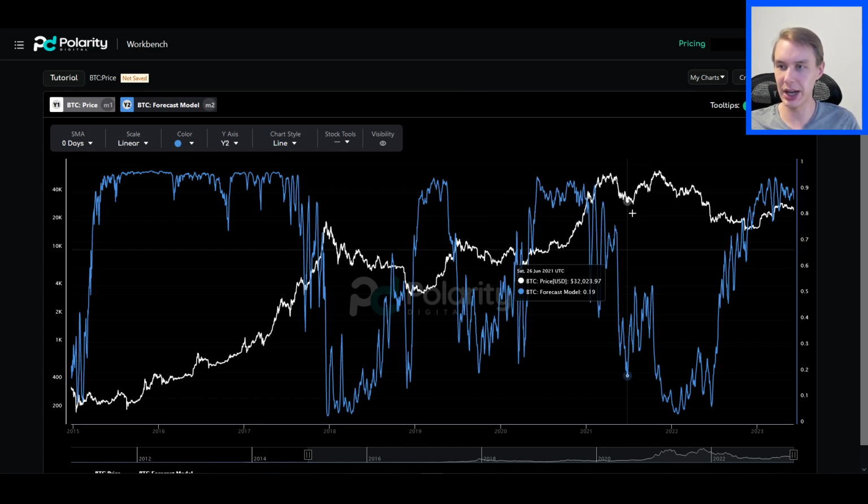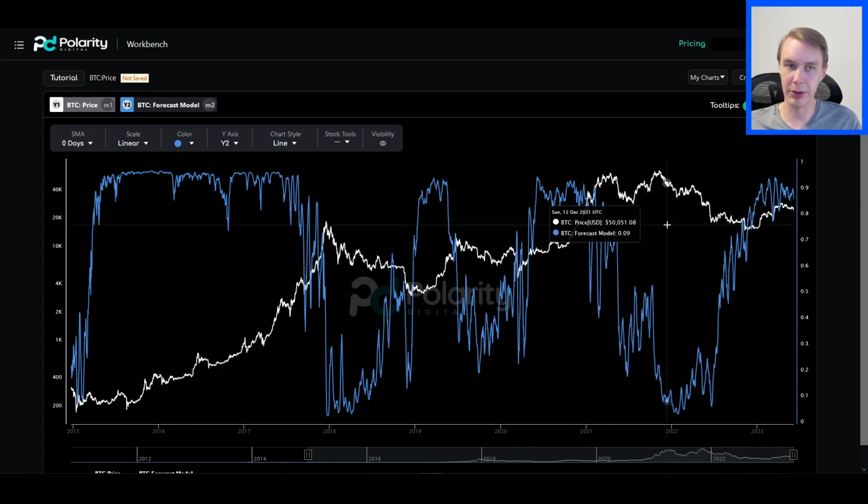But as we went into this run into November, the model was not really getting all that convinced. It wasn't even really cracking 50% probability of upside 6 months in the future, throughout this whole time. And then as we got into that November high, it started getting very, very bearish, estimating as low as a 4% chance of upside going into this bear market. And of course, it absolutely nailed it.